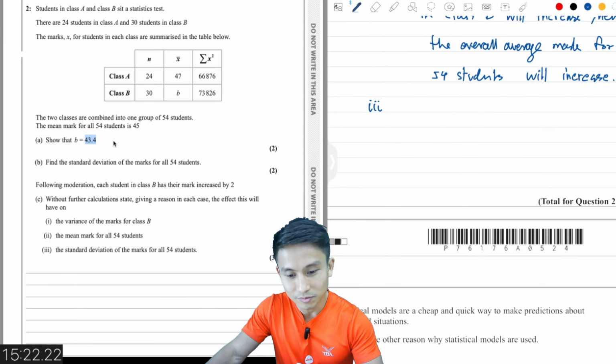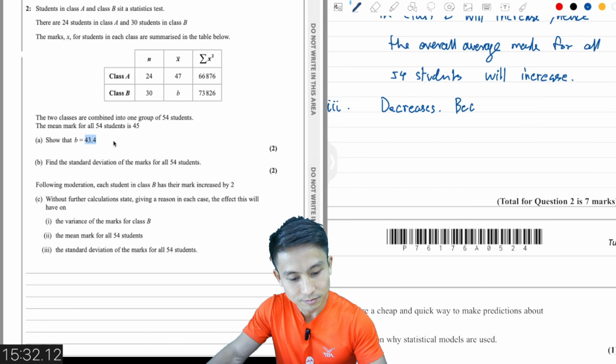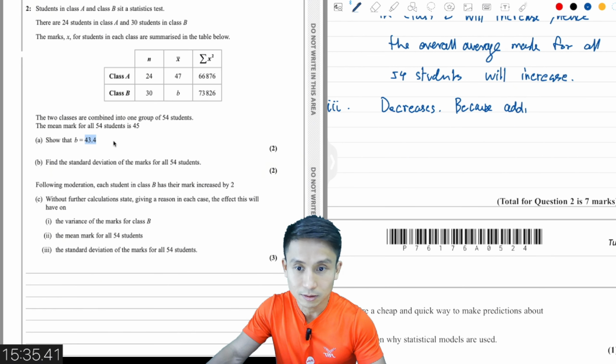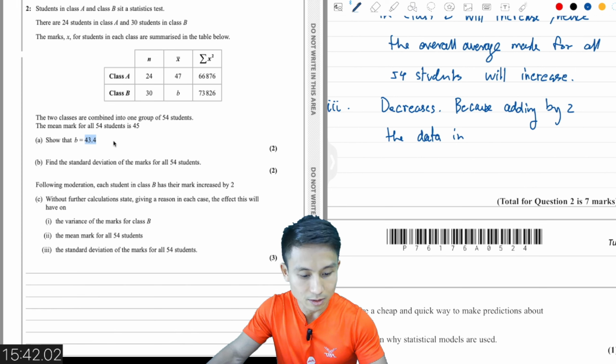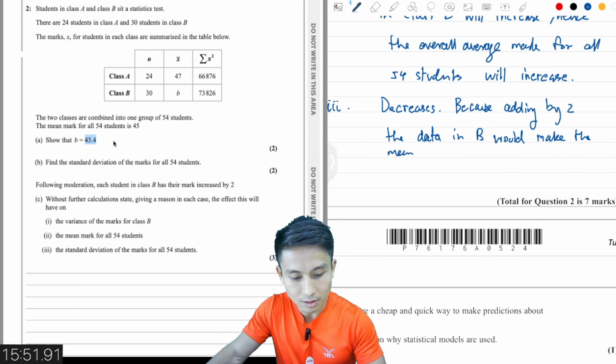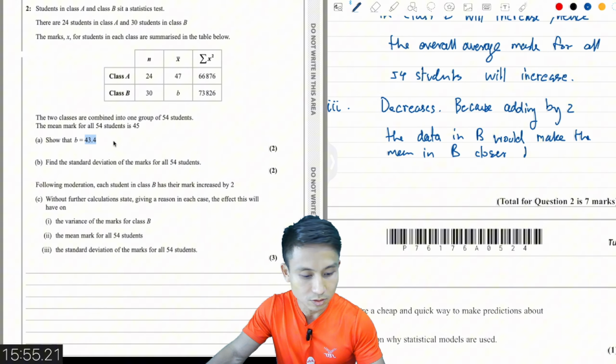So the standard deviation here will decrease for the third part, because adding 2 to data in class B would make the mean in B closer to the combined mean, i.e. 45.4 is about 45 now.